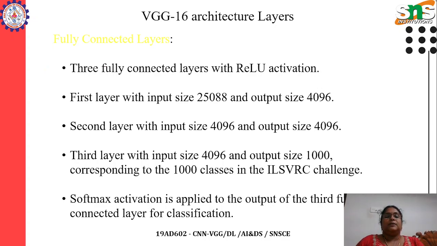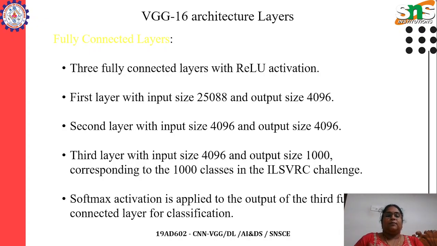The VGG16 has fully connected layers, as I already discussed, three fully connected layers with ReLU activation. First layer has input size 25088, output size 4096. Second layer has input size 4096, output 4096. You can see the output of the first layer is given as an input to the second, and the output of the second is given as an input to the third, because a neural network is a feed forward network, right?